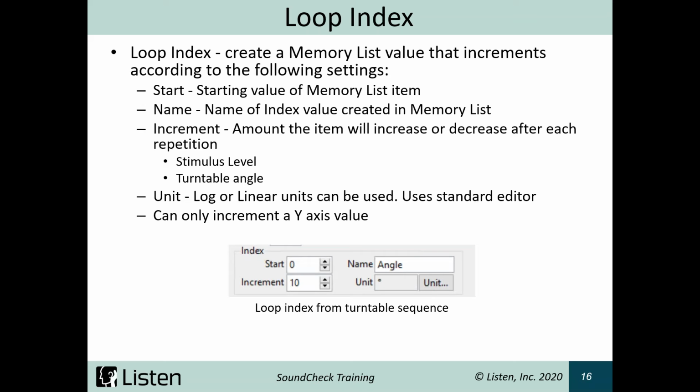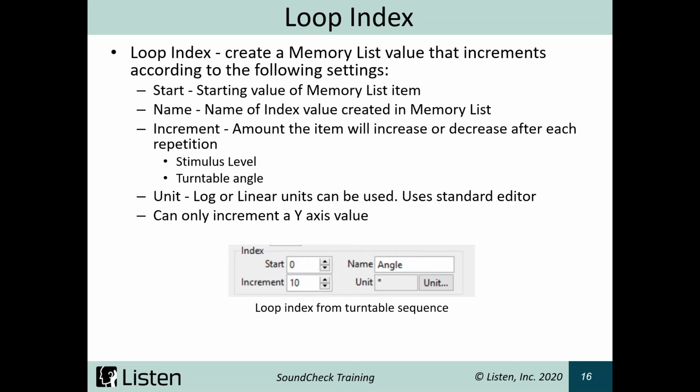I could say after 18 repetitions, jump out of the loop, and then in the name of my loop index, instead of calling it just loop index, I could call it angle. I'll start at 0 and increment by 10. I can change the unit between log or linear, and this only is the y value. This is really only one single value. We can't have an x or z attached to it.